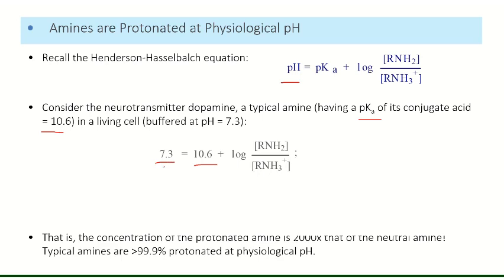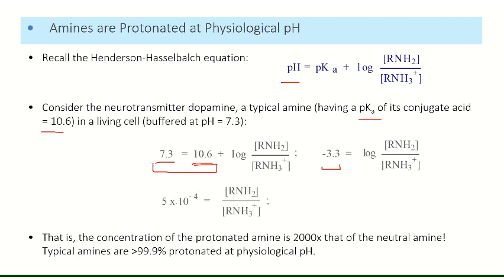All we've got to do is manipulate this, and we end up with minus 3.3. You take this over to the other side, so minus 3.3 equals the log of that. You anti-log 3.3, and you get 5.5 times 10 to the minus 4.